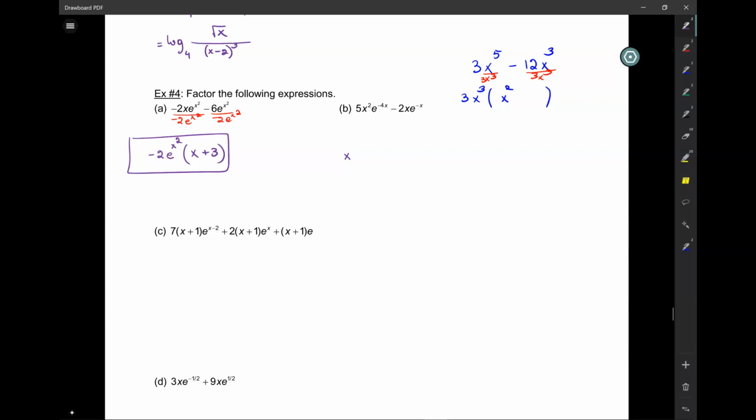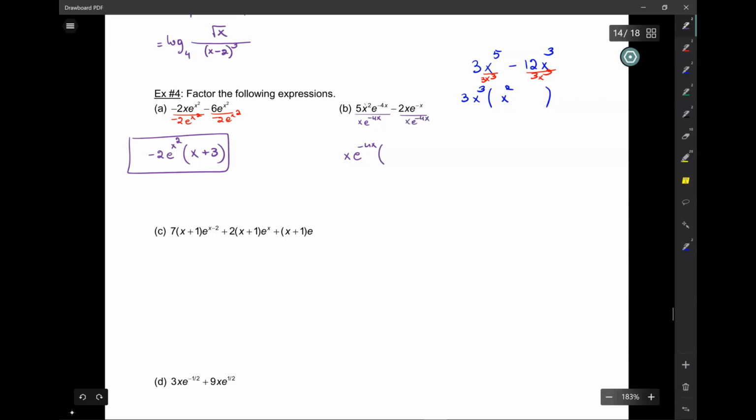It's negatives, right? So negative 4x is smaller, and I'm going to factor out e to the negative 4x. So here now, I'm dividing by x e to the negative 4x.